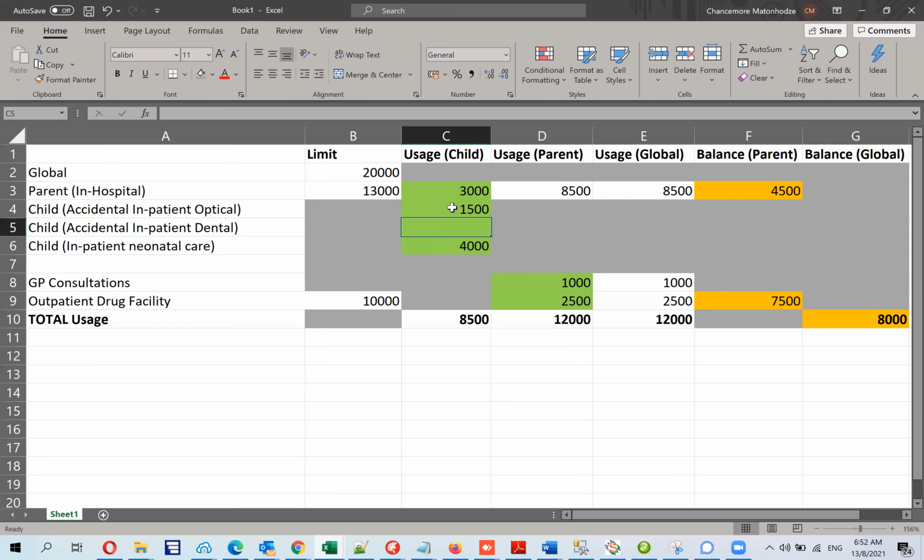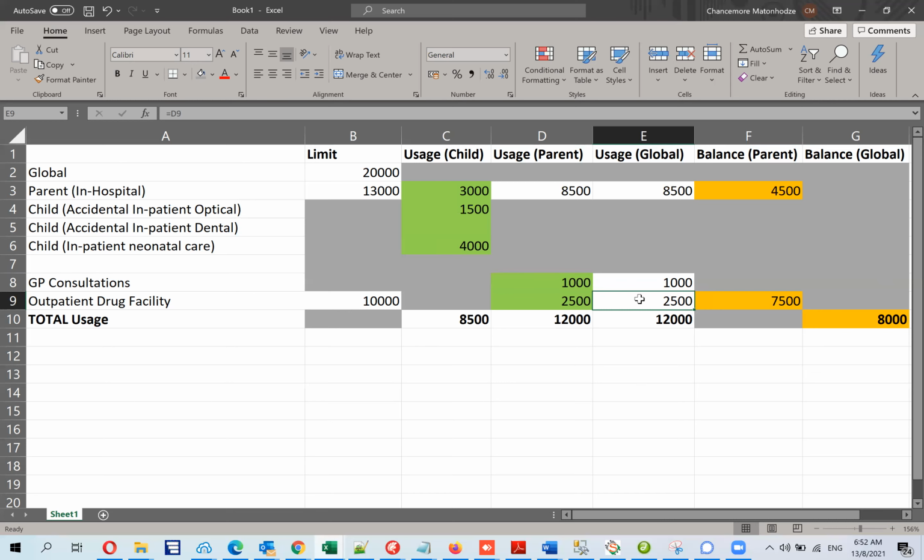And this goes and knocks off from the parent limit and the global limit, and the balance on the parent is now 4,500. Balance on the global limit is now 8,000. It has come down. It has not affected this other benefit here. It hasn't affected anything here as well.